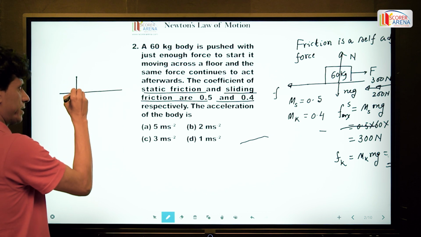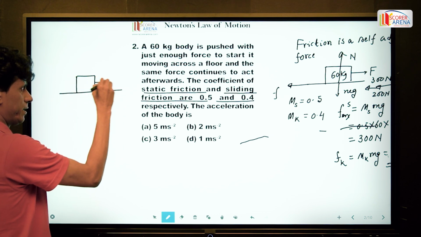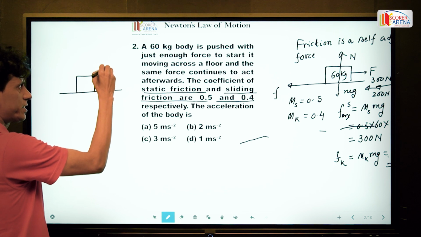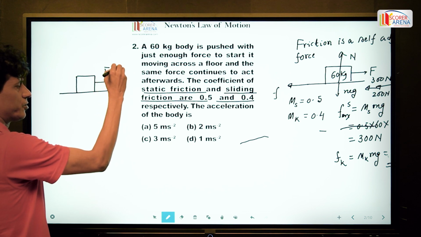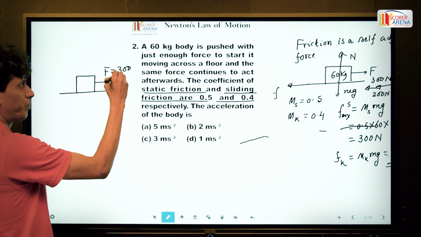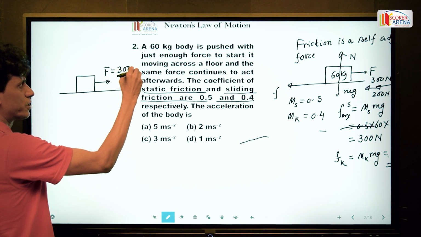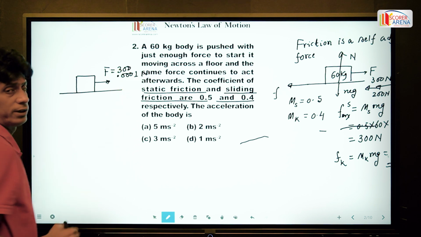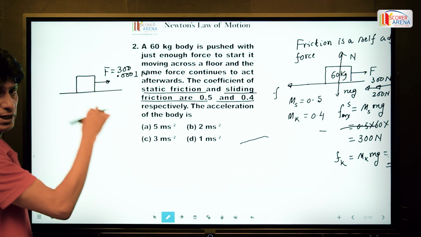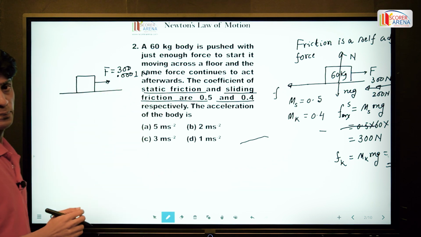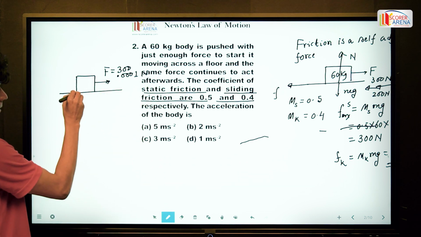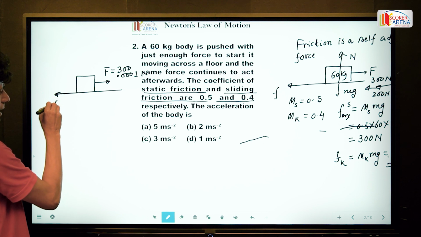Let us say this force is 300.0001 Newton. When this force is slightly greater than the static friction, the friction becomes kinetic.